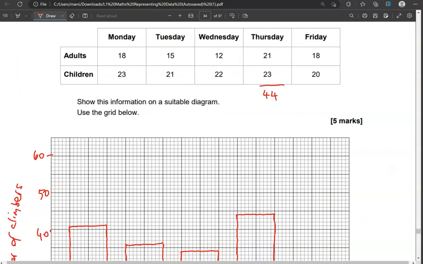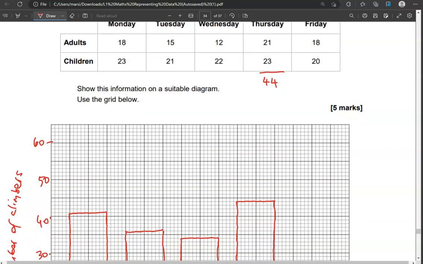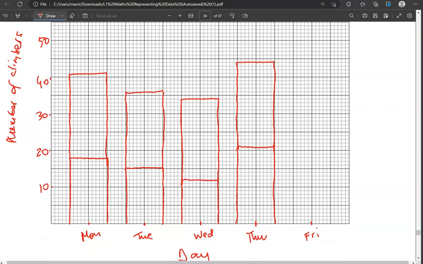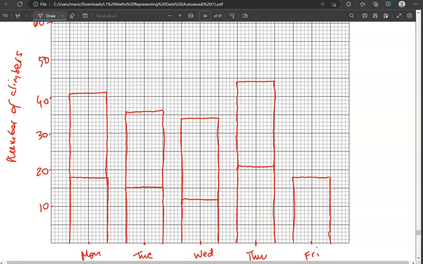And Friday, 18 adults and 20 children. So we're going to go to 38.